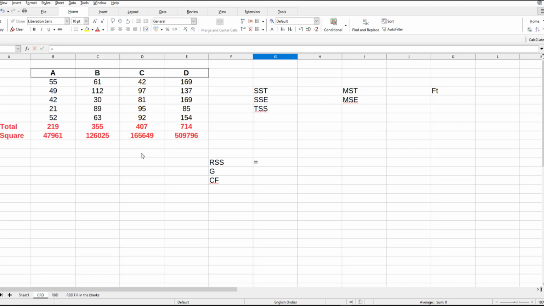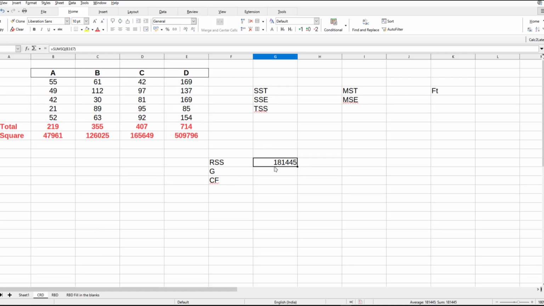So in Excel or in a spreadsheet like this, there is an option SUMSQ, that gives you the squares. Within bracket, I will select this data, bracket close.